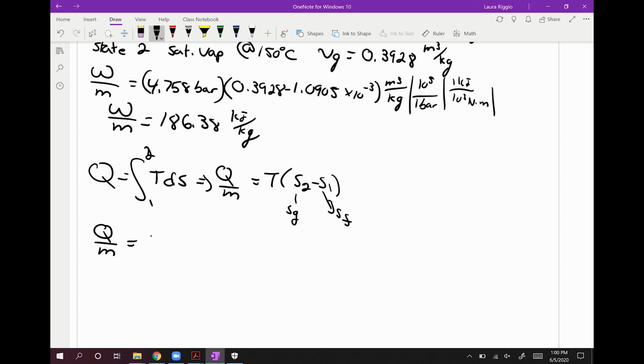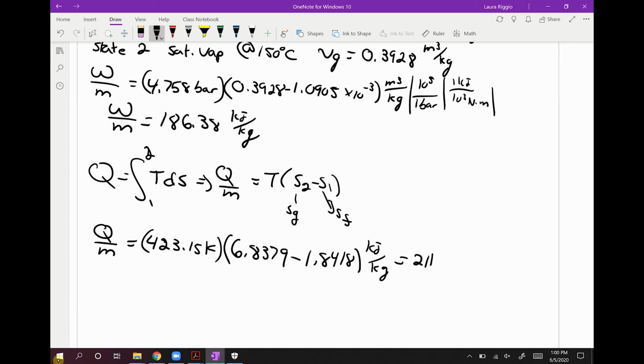So our Q per unit mass is 423.15 Kelvin times 6.8379 minus 1.8418, which is 2,114.1 kilojoules per kilogram.